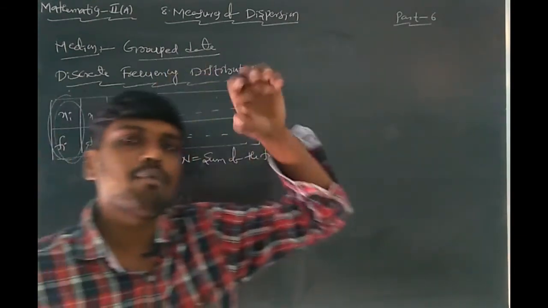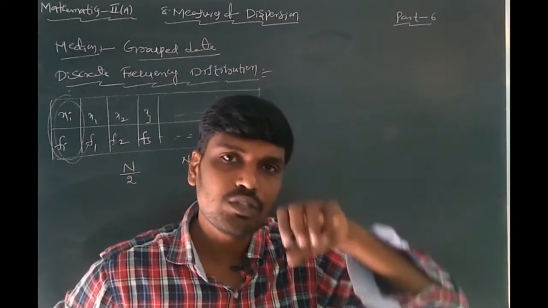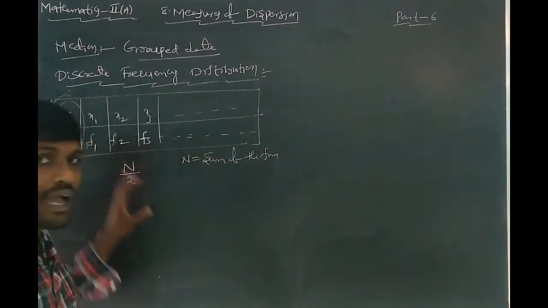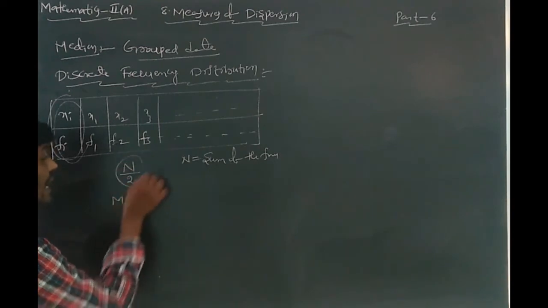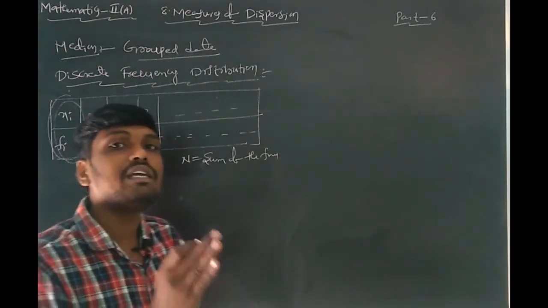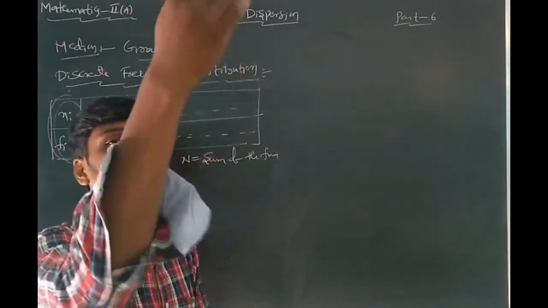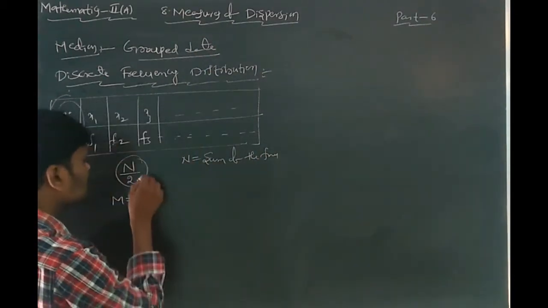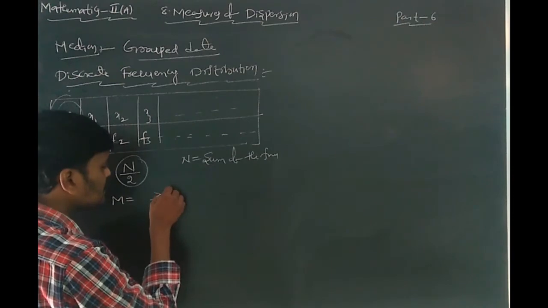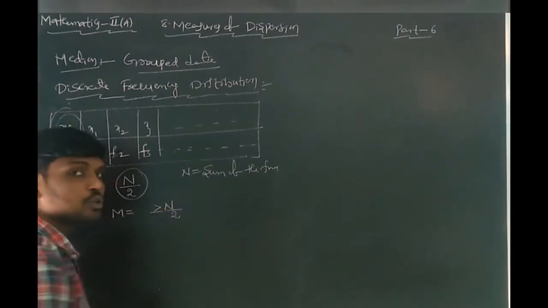After that, the sum of the frequencies divided by 2 gives the n by 2 value. The observation whose cumulative frequency is the nearest greatest value, greater than or equal to n by 2, is called the median.